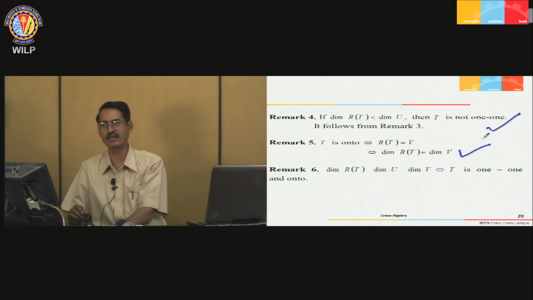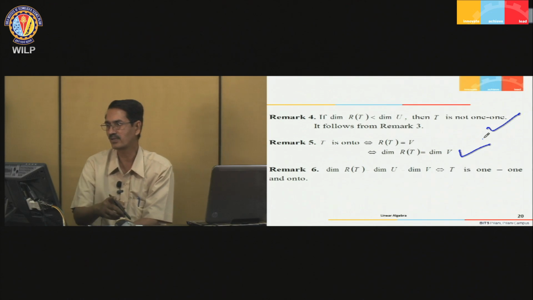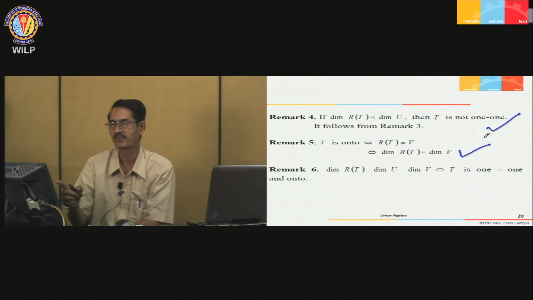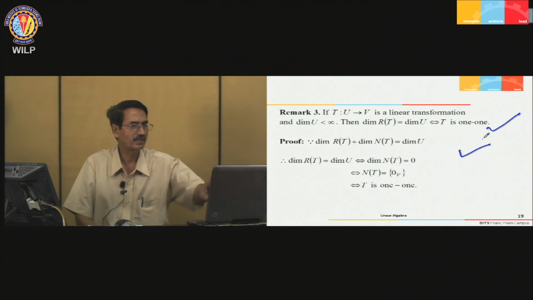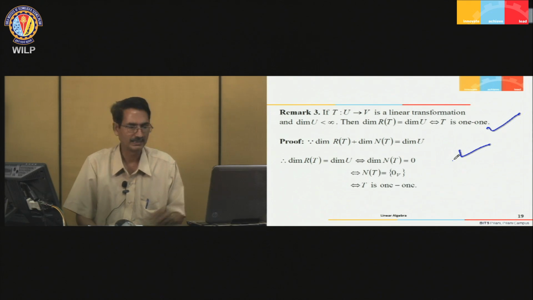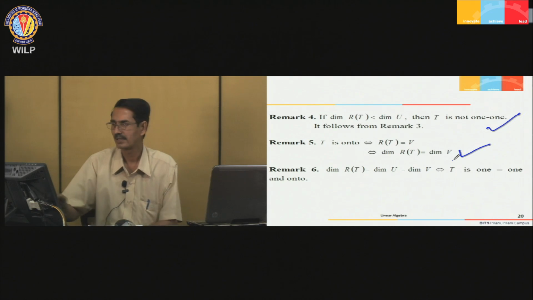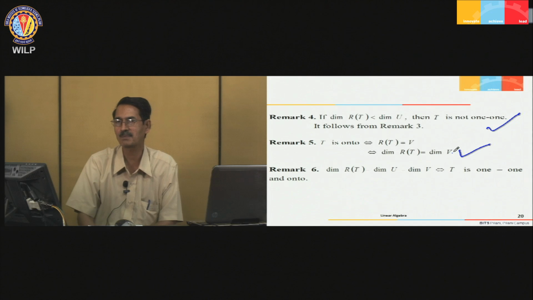Now T is 1-1 and onto: combine remark 3 and the next remark. What is remark 3? T is 1-1 if and only if dimension of RT is equal to dimension of U. And the next remark: T is onto if and only if dimension of RT is equal to dimension of V. Combine these two.